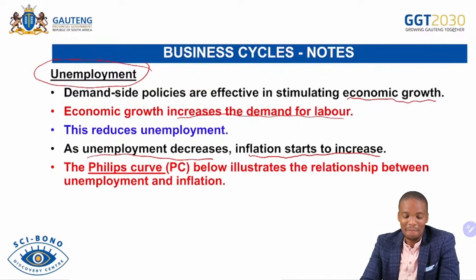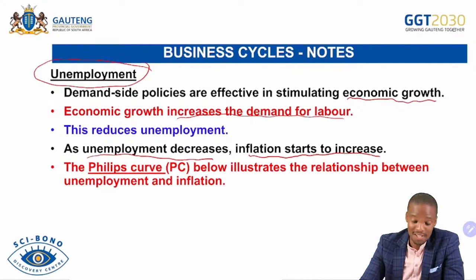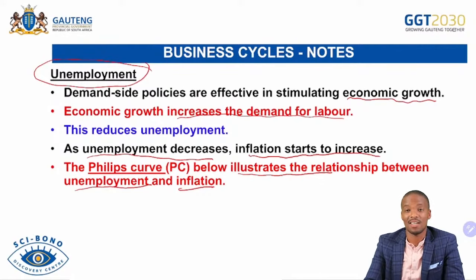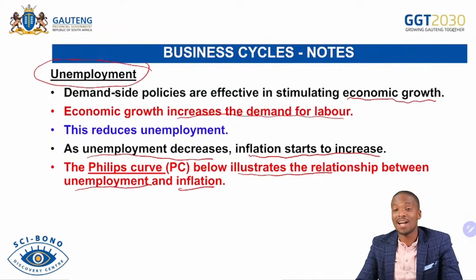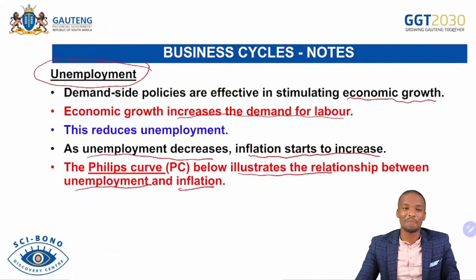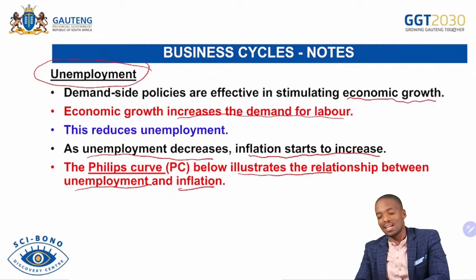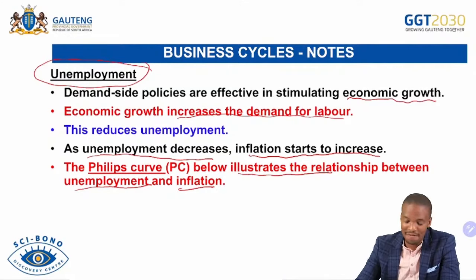Right. And then to explain that, that phenomenon is illustrated by the Phillips curve. The Phillips curve shows or illustrates the relationship between unemployment and inflation. To say, if unemployment decreases, what is happening to inflation? Or if inflation increases, what is happening on the other side to unemployment? That phenomenon is represented by the Phillips curve.